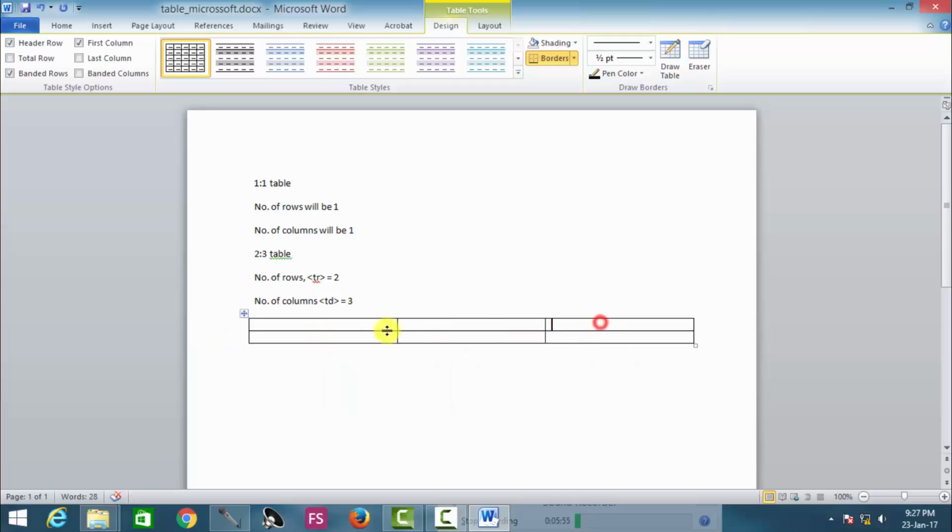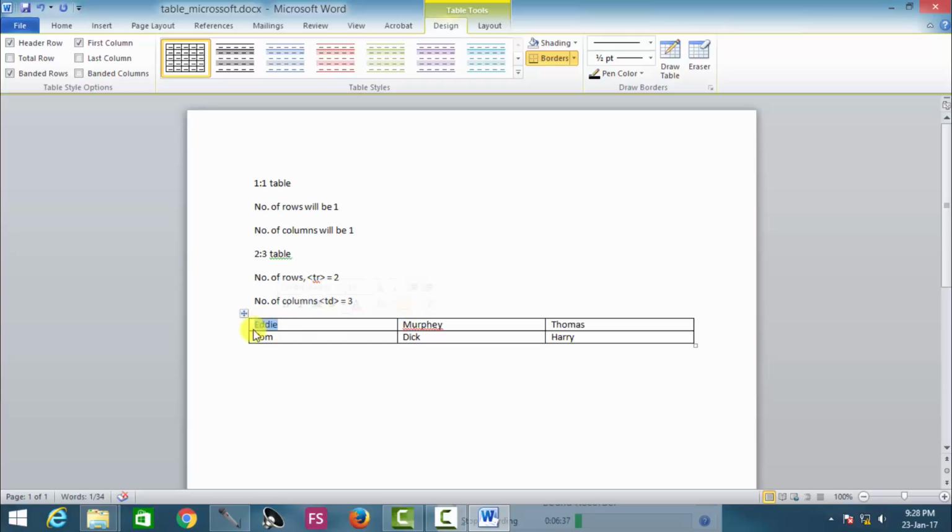And in case of you inserting some data into it, then you may suppose like names. If you are inserting some names, so what you are doing actually here, you are inserting some data into your row.